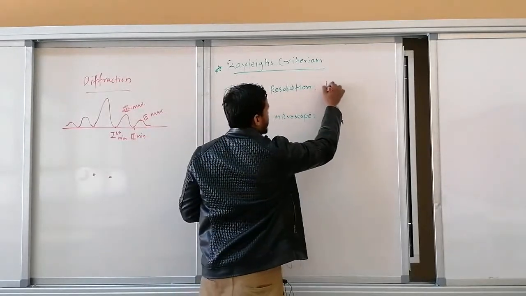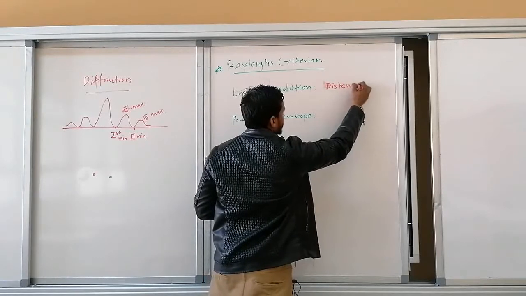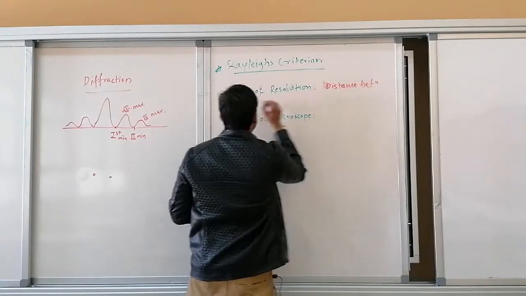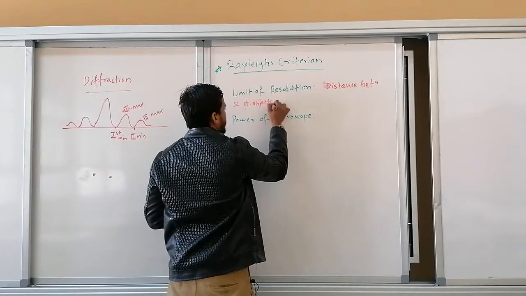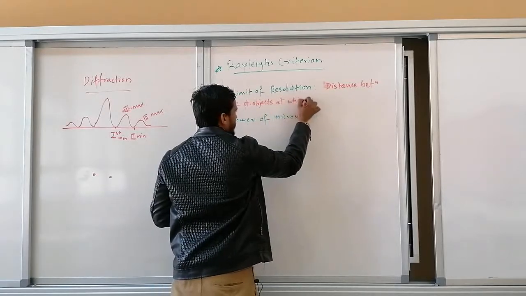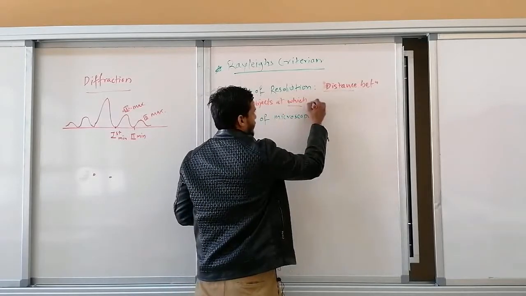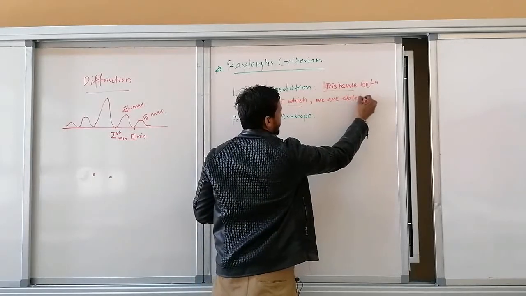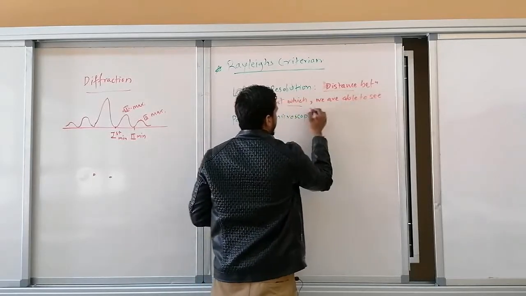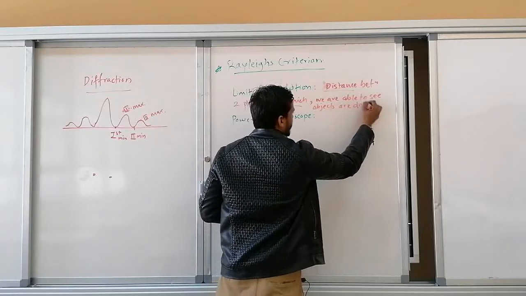If the distance decreases further, it will look like one, not two. So the limit of resolution is the distance between two-point objects at which we are able to see the objects as distinct.